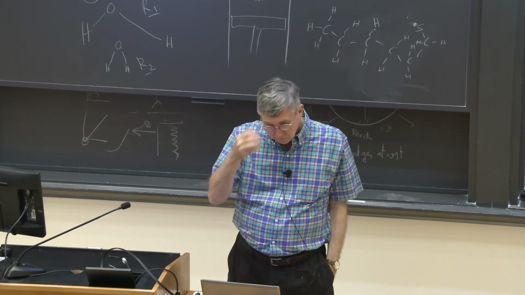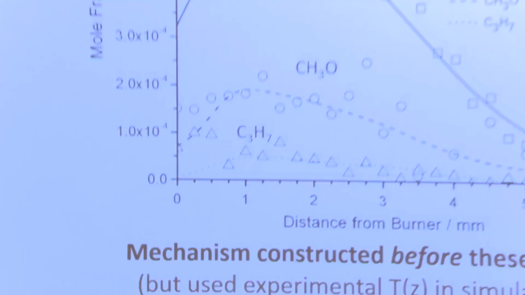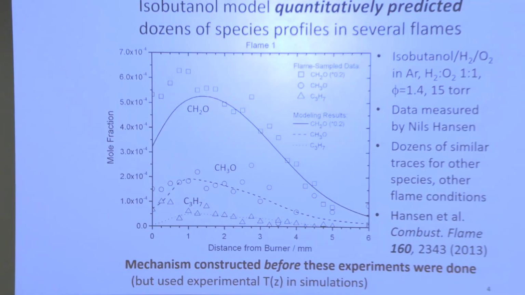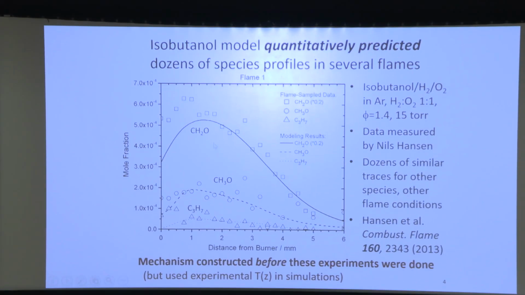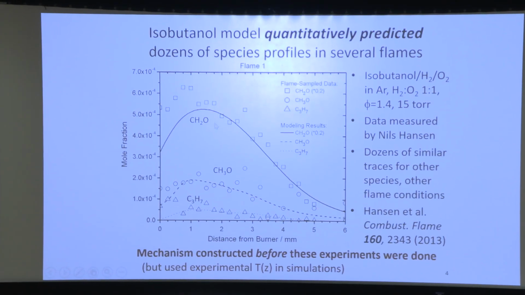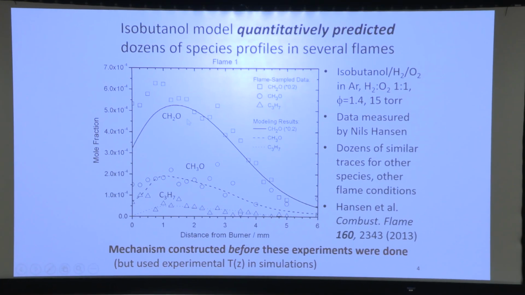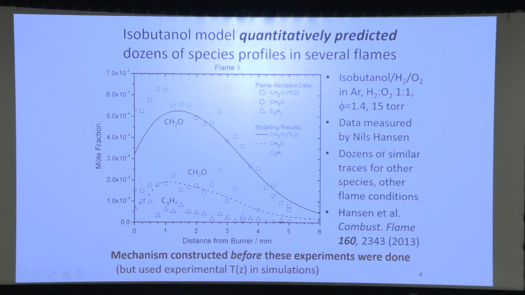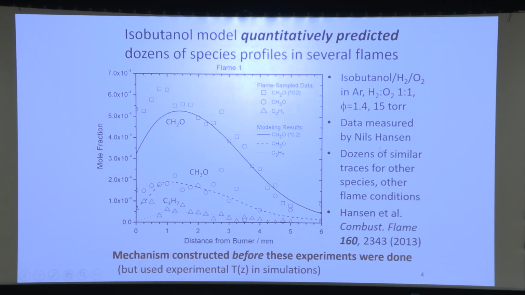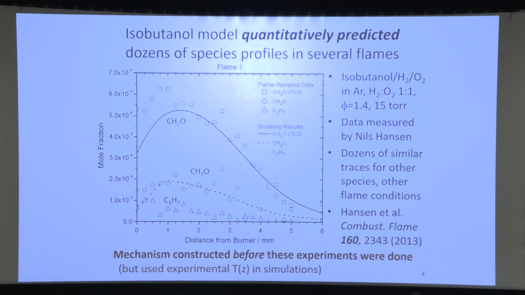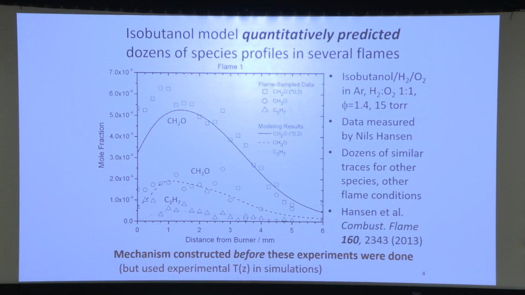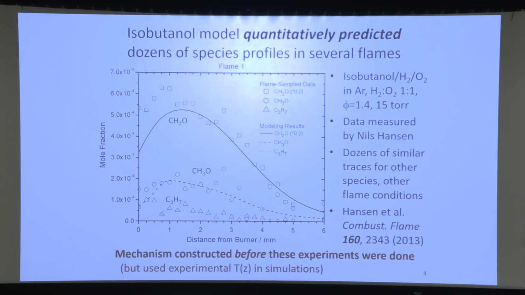This is a really nice one where we predicted before the experiment what the yields of different species would be, the concentration of different species inside a flame front. And then Niels Hansen measured it. He has an apparatus where he puts a 1D flame right up to a synchrotron and measures all the products formed.